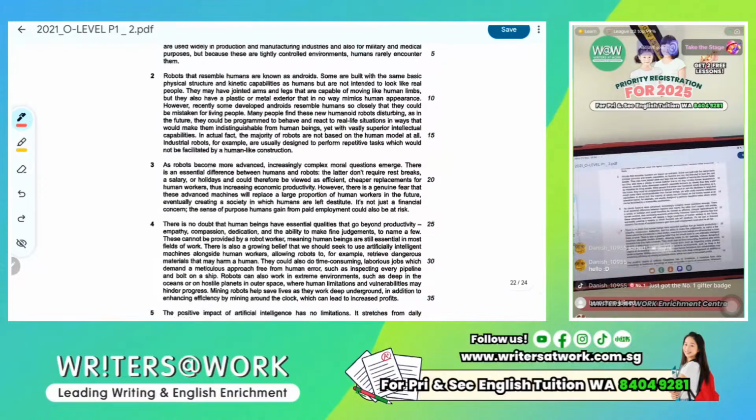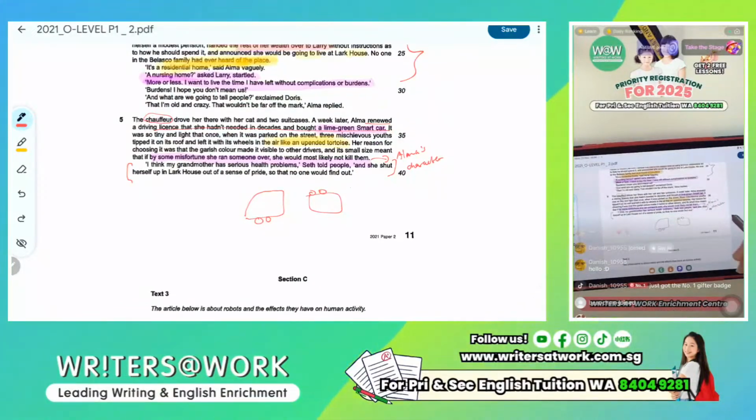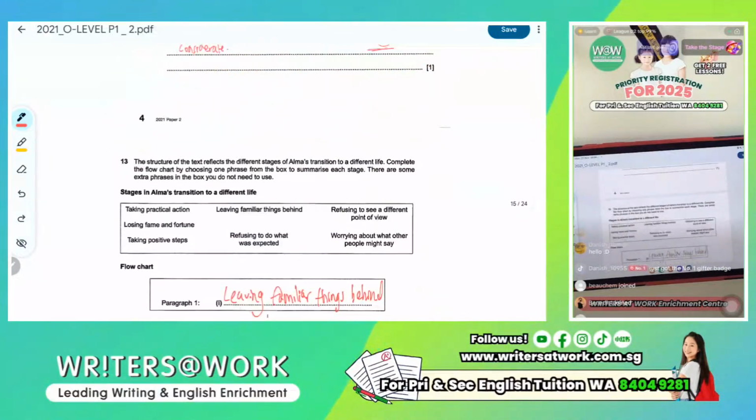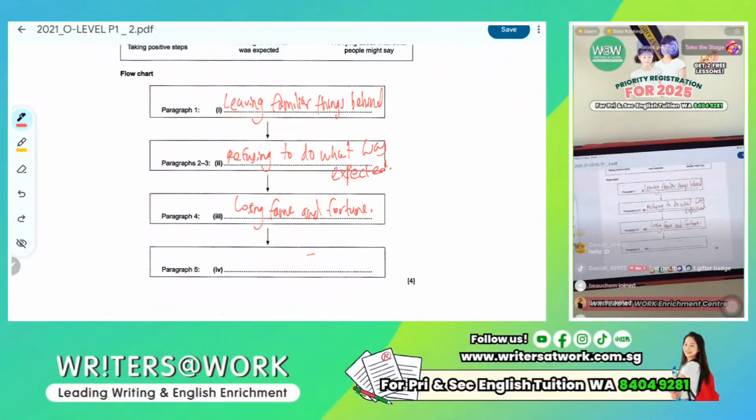Lastly, we can see how she executed her plan. She bought the car. She asked the chauffeur to drive her to the old folks' home, things like that. So to demonstrate that she is executing her plan, it will mean that she was taking practical action.